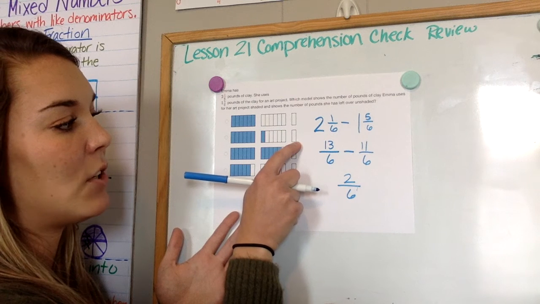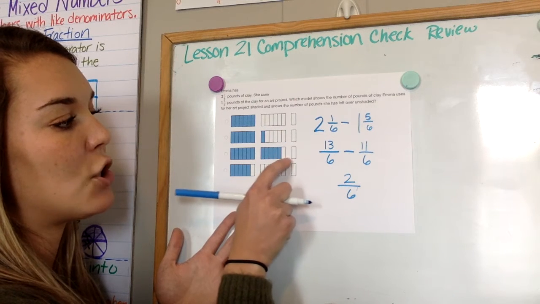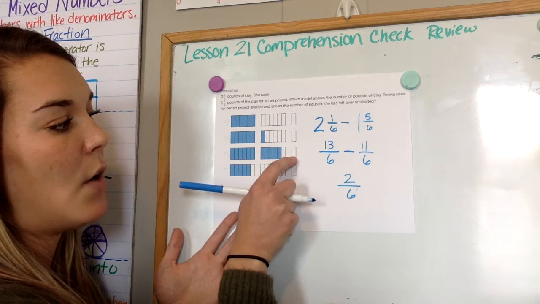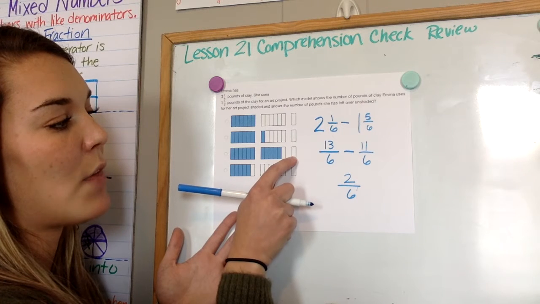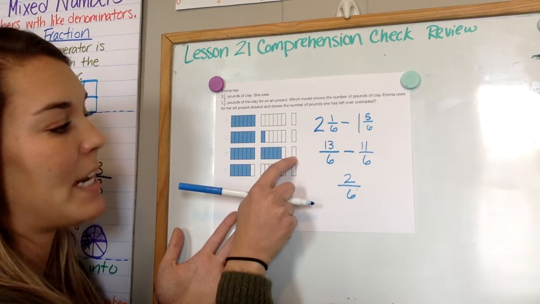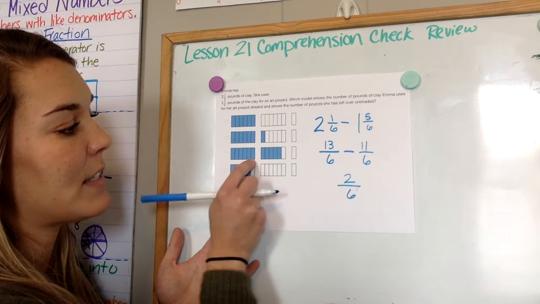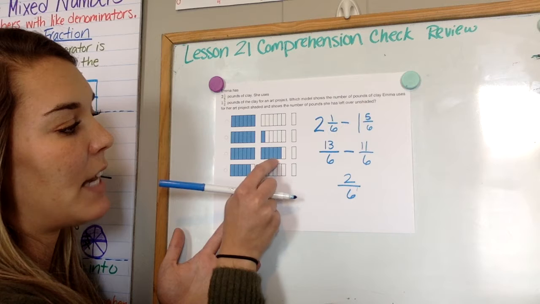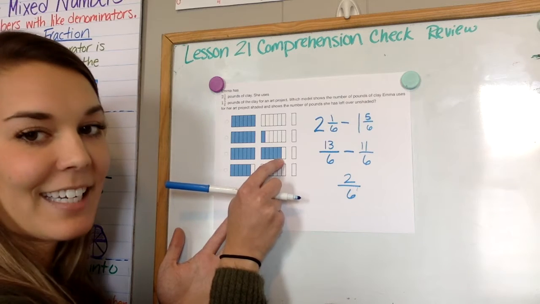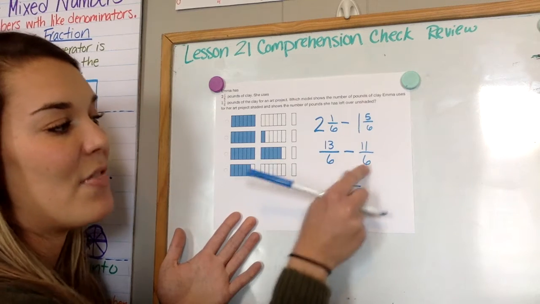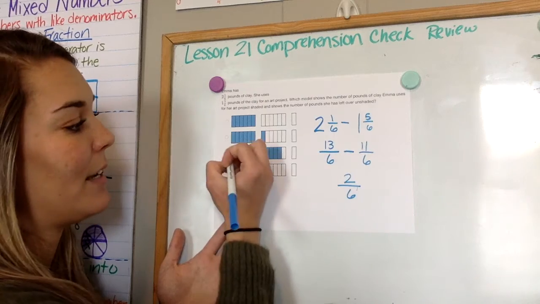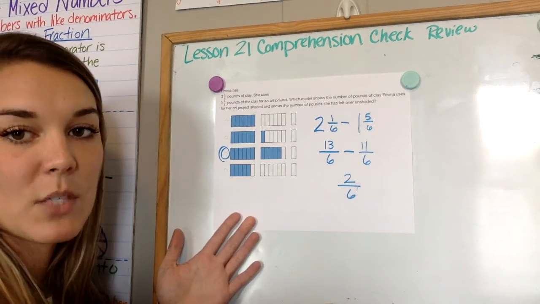This one has 7 too. This one has 2 unshaded. Okay, so I should double check how many are shaded. 1, 2, 3, 4, 5, 6, 7, 8, 9, 10, 11. Okay, and that makes sense because that's what I took away, right? So that would be the answer for this one.